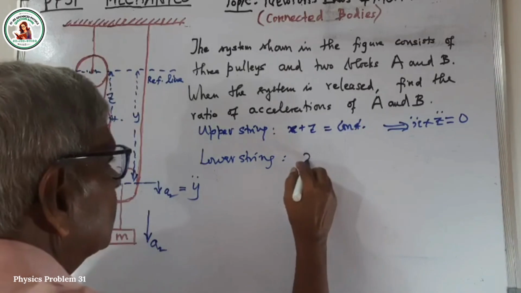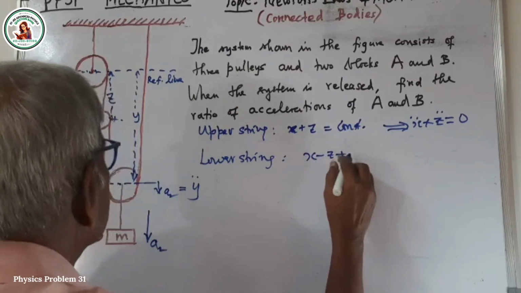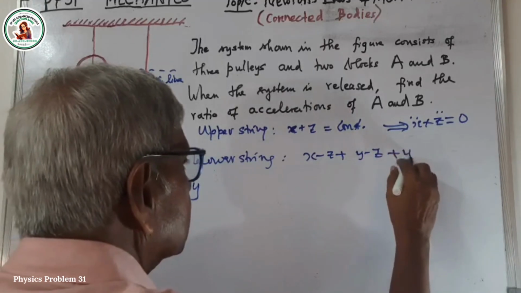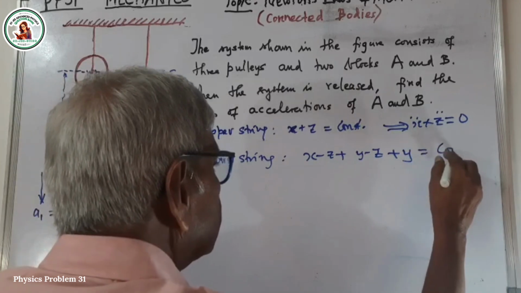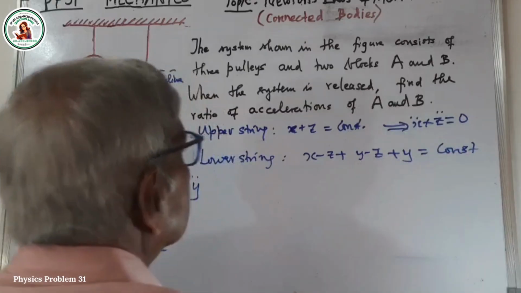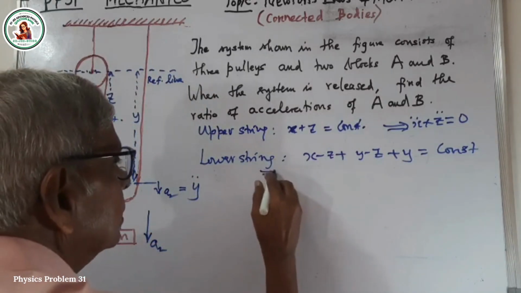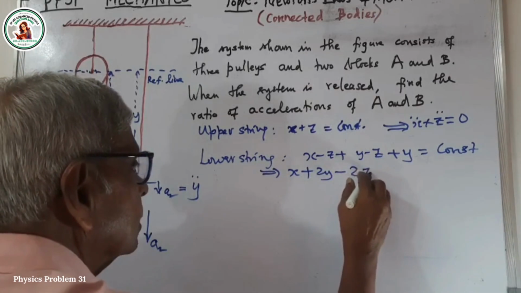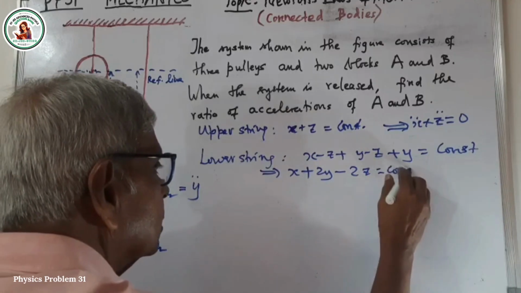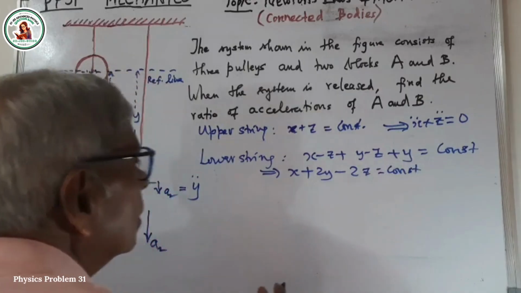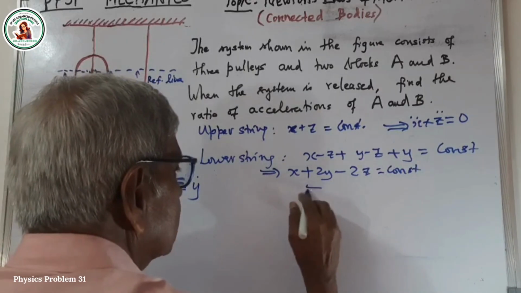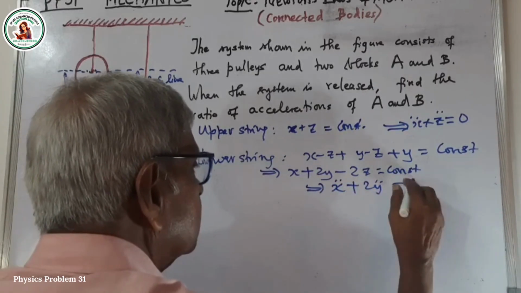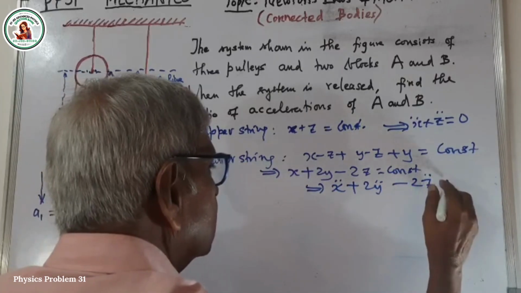So x minus z plus y minus z plus y equals constant, which you can further simplify as x plus 2y minus 2z equal to constant. On differentiating twice, this gives x double dot plus 2y double dot minus 2z double dot equals 0.